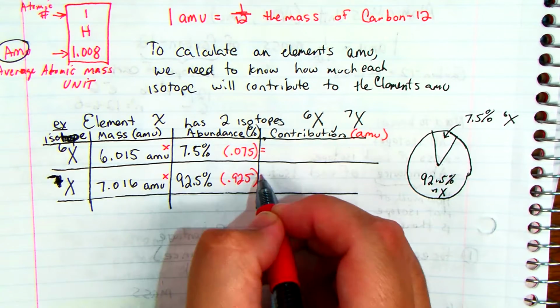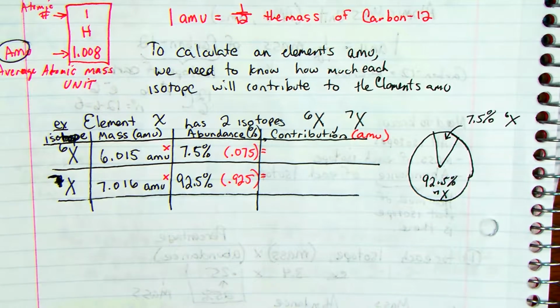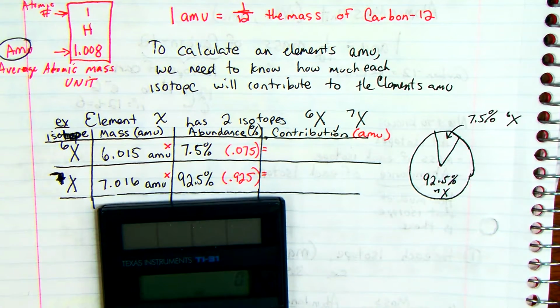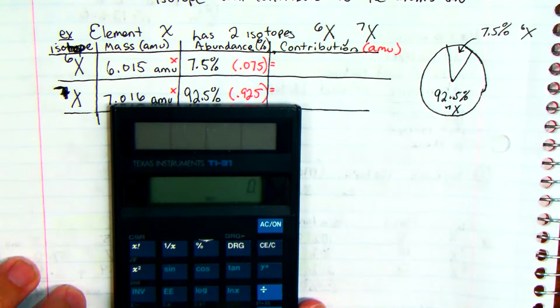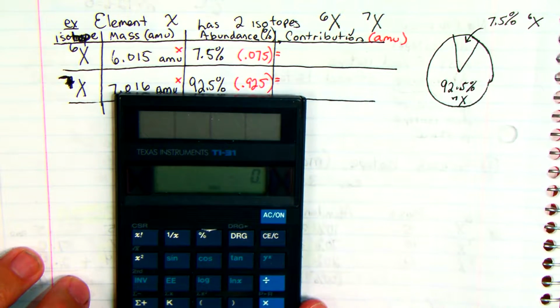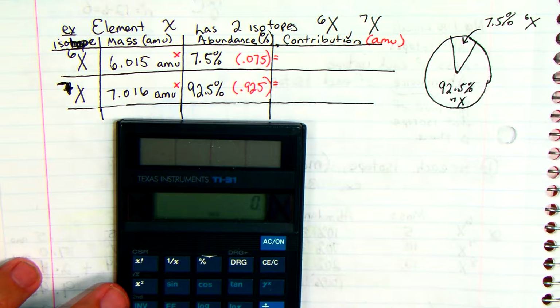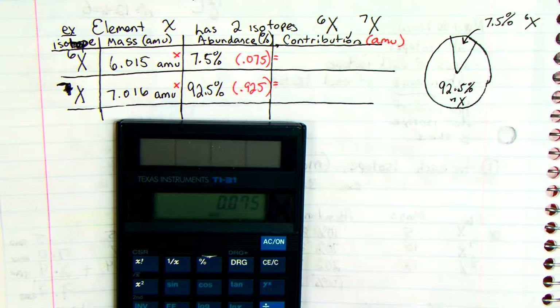So we need to take our calculator. And I haven't hooked up my calculators yet, but we'll have them hooked up in a few minutes, they'll be hooked up 5th hour. You're going to take the 6.015 times 0.075, because we can't work with percentages.